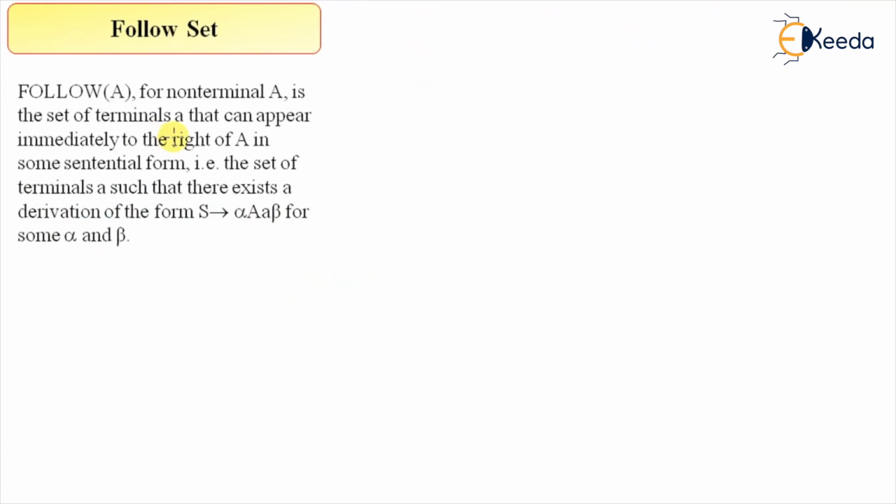So let's understand the last rule here, and the last rule is rule 4. I call it the rule for the last symbol.